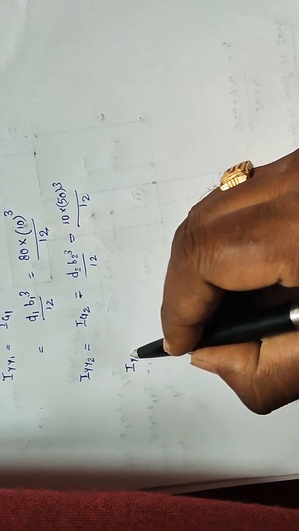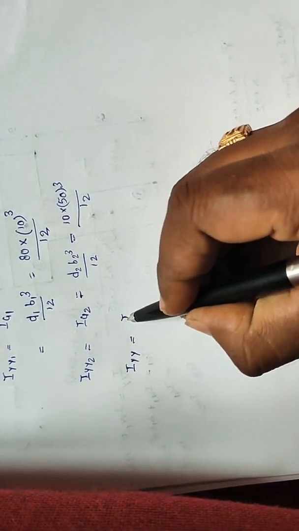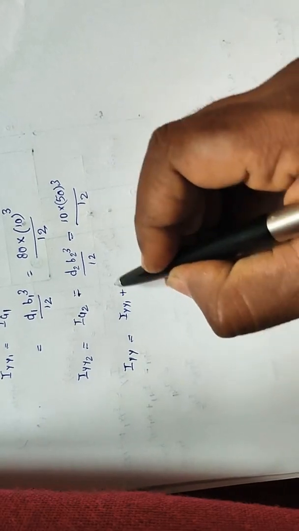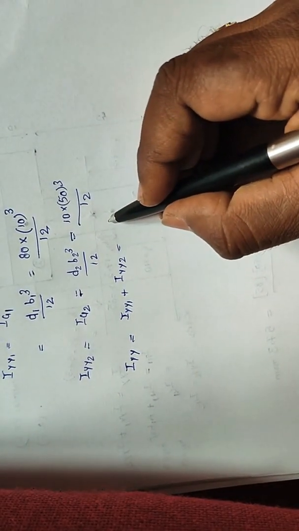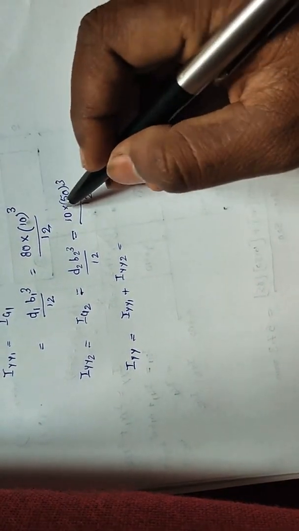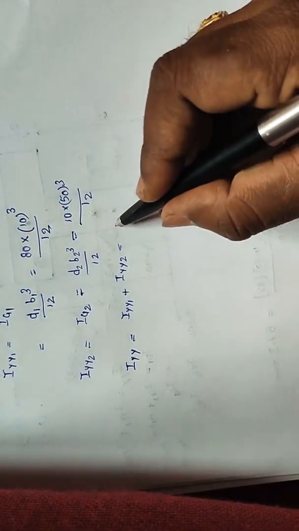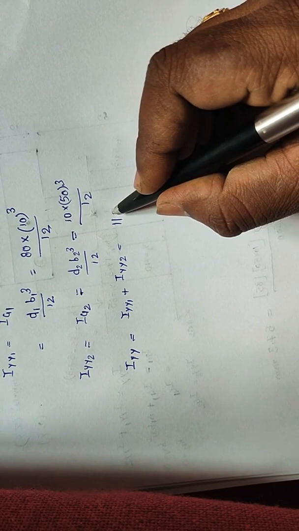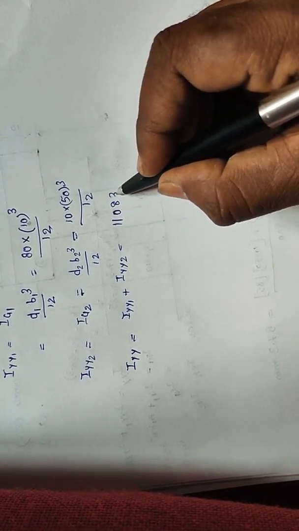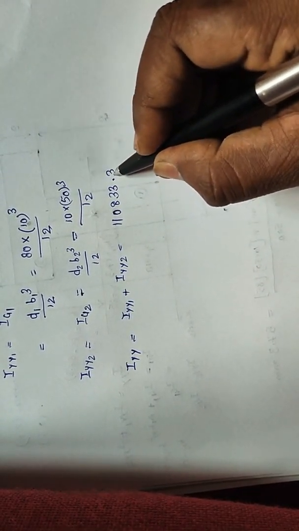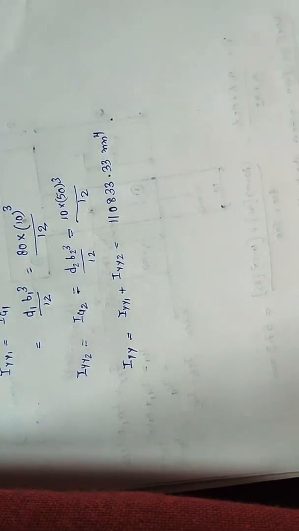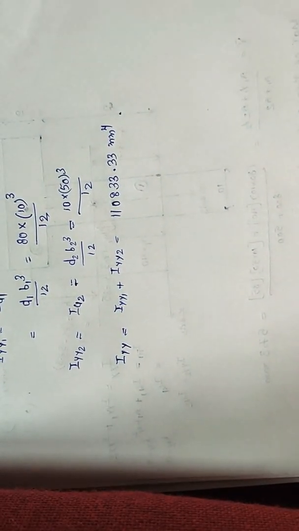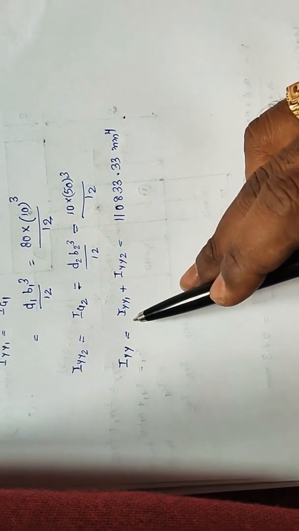So total moment of inertia about y-axis will be equal to Iyy1 plus Iyy2. If you add these values, you may get some value, that is 110833.33 mm to the power of 4. So moment of inertia about y-axis.